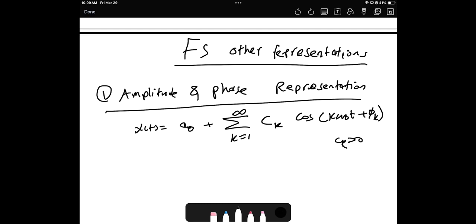Okay, so what we can see is that we have c k and theta k. Initially we used to have a and b, and initially sine and cosine. You can imagine it like this: you know that complex numbers can be written in rectangular or polar form, right?